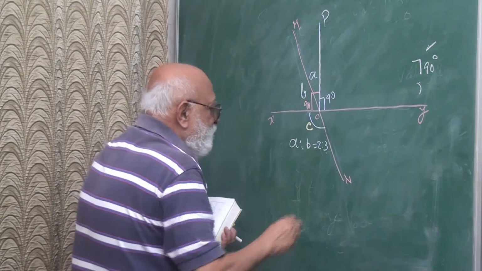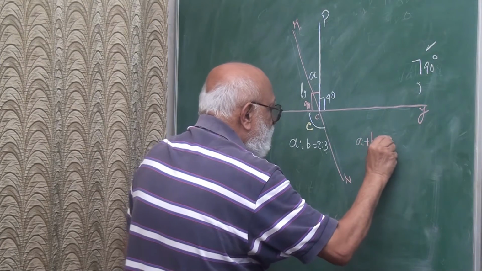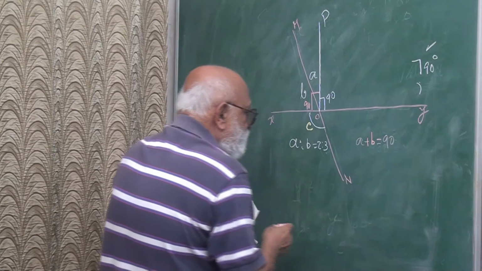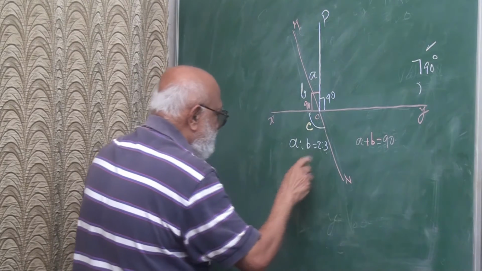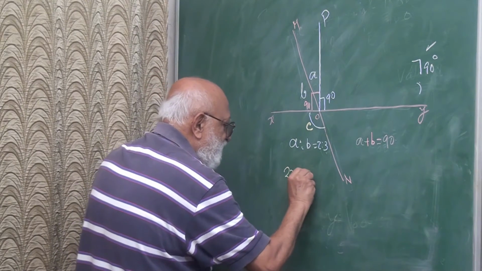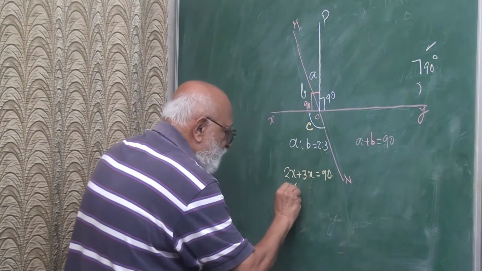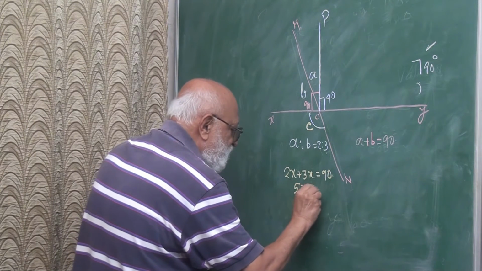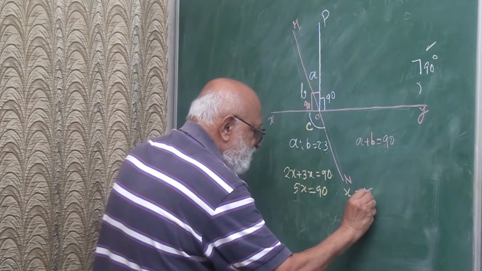So angle A plus B would be equal to 90. If I take the ratio as X, 2X plus 3X will be equal to 90. So what will X be equal to? 5X equal to 90, therefore X equal to 18.